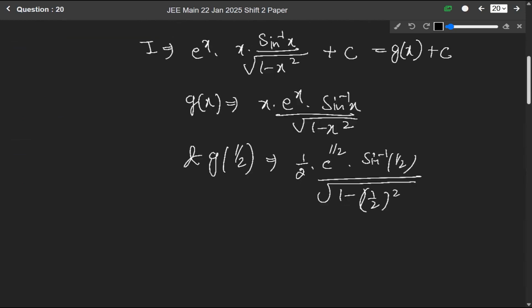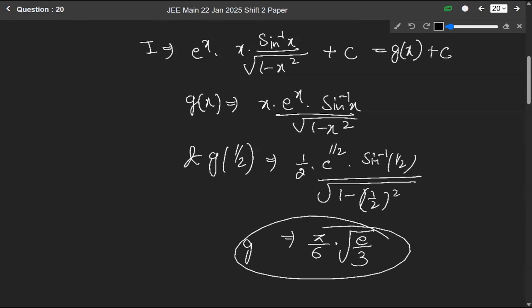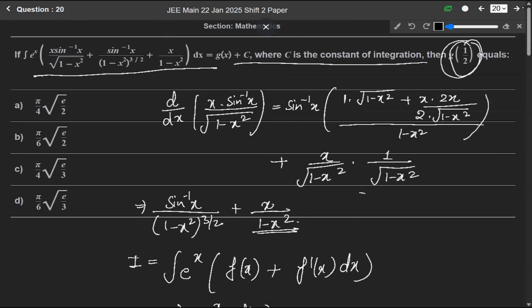When we solve it, we get (π/6) √e / √3. So g(1/2) is (π/6) √e / √3, which is the final answer. Among these, option D is the correct answer.